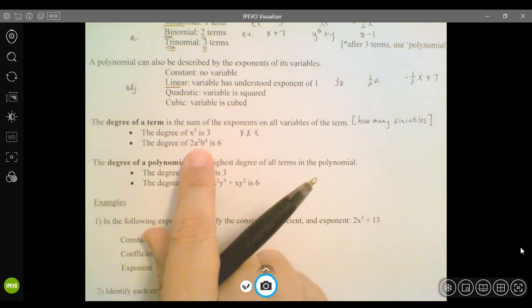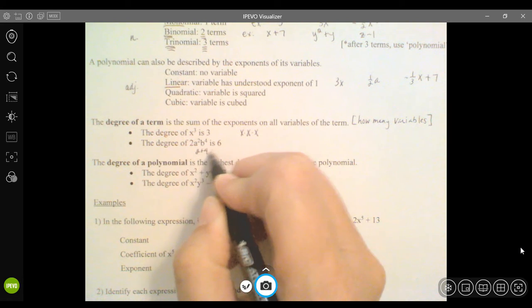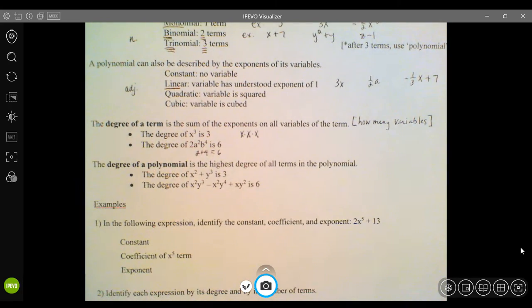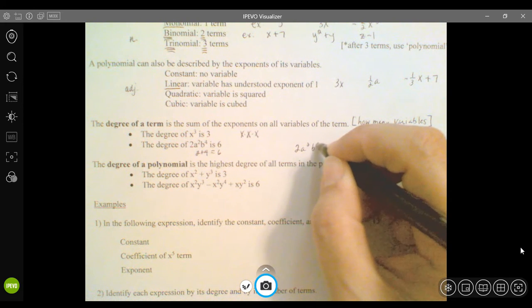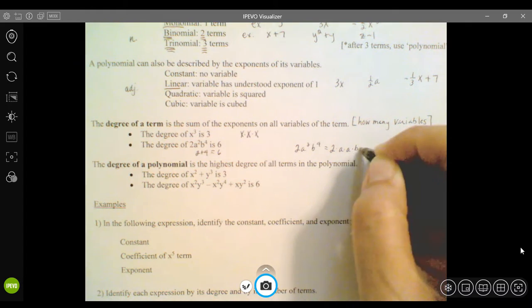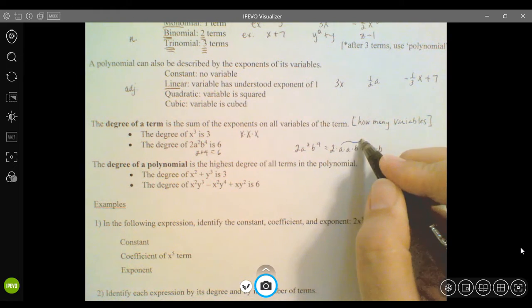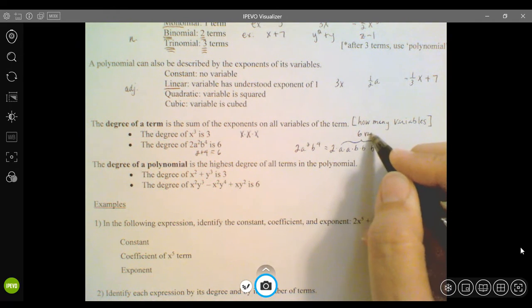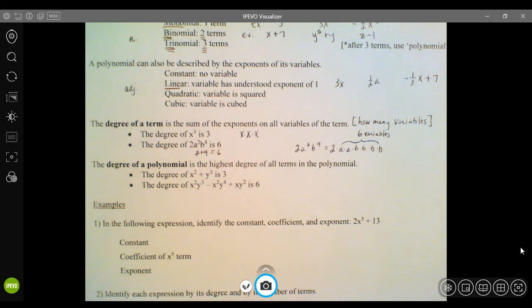The degree of 2a squared b to the 4th, all you do is you think to yourself, 2 plus 4 equals 6. Because really, if we were to expand this, 2 times a times a times b times b times b, how many variables are there here? 6 variables. So my degree is 6.